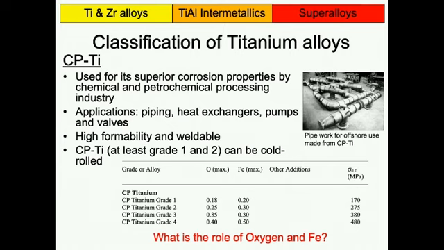Any kind of slight contamination you get during processing, any pickup of hydrogen, even the smallest amount, will not result in hydride formation. The hydrogen content is held at a very, very low level in these materials, but it's essentially a safety feature to have a tiny amount of beta phase in CP titanium.